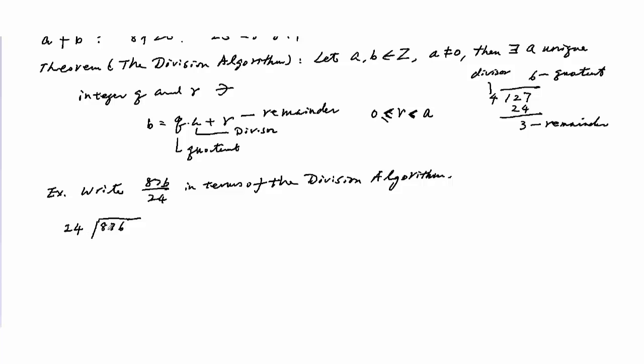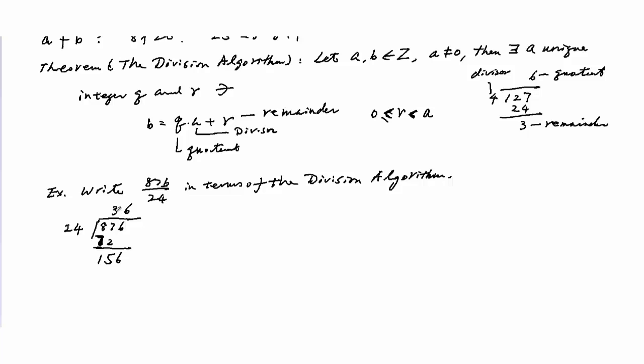So 876 divided by 24, you may put 3 here. So 3 times 4, you get 12. 2 times 3 is 6 plus 1 from 12, you get 72. And then 87 minus 72, you get 15. You have 156. And then you put 6 here.